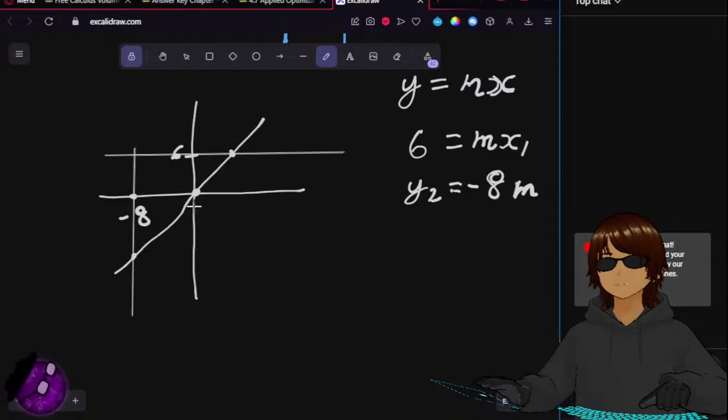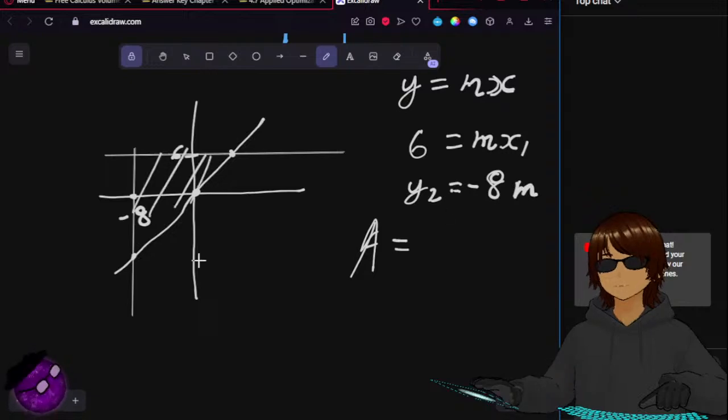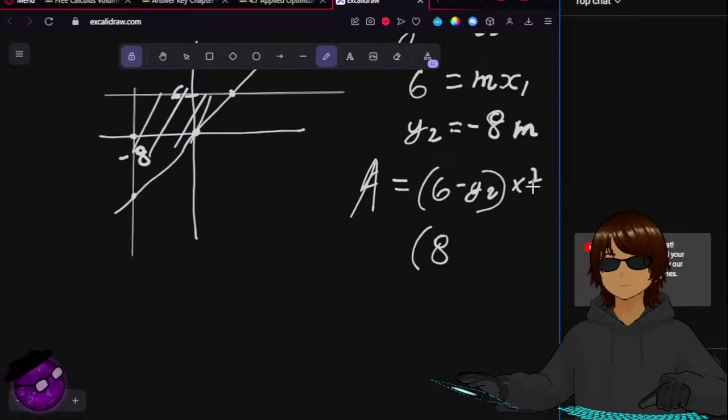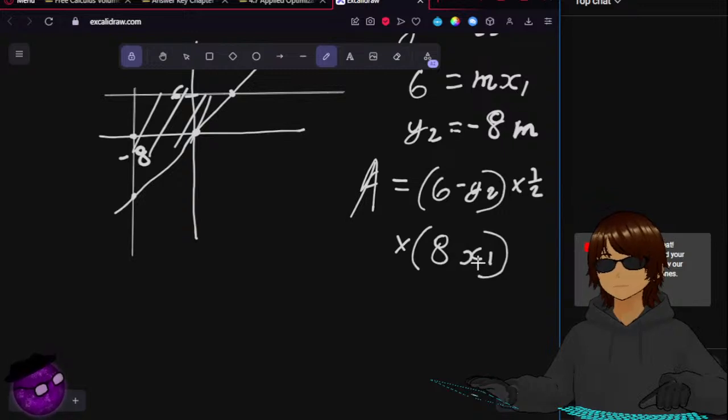Wait, 6. So this particular area is times it by 8, times it by half, times it by 8 and whatever x1 is. I'm multiplying them.